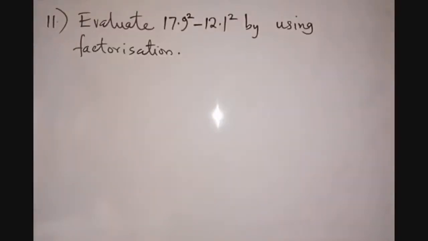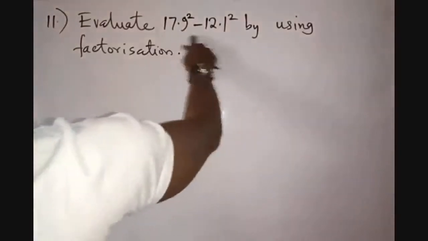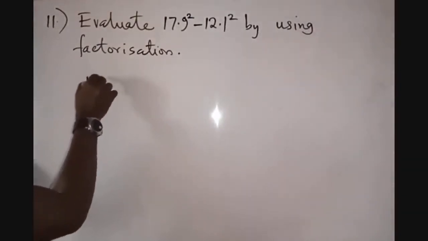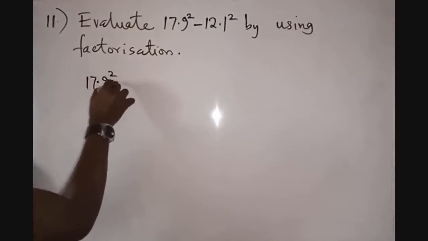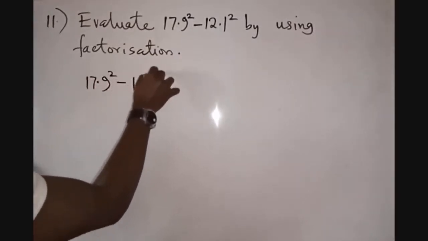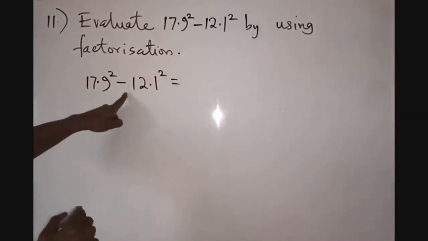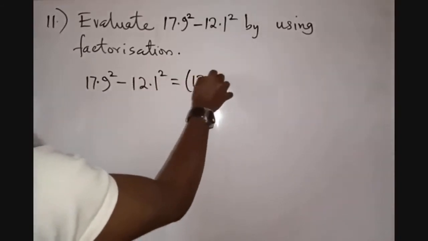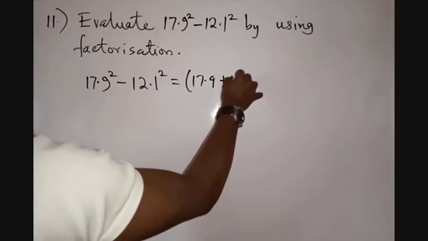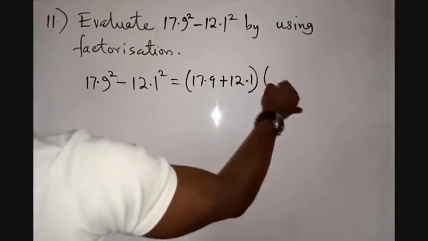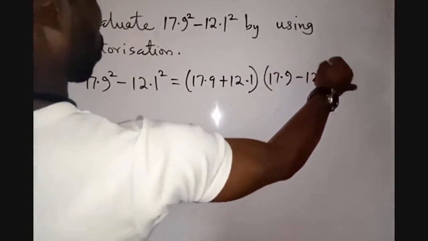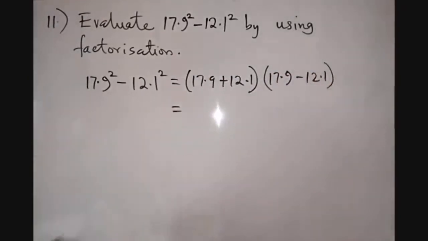We are to evaluate this by using factorization. You have 17.9 squared minus 12.1 squared. This is difference of two squares. And that will give you 17.9 plus 12.1. The other one will become 17.9 minus 12.1. All you need to do is to punch your calculator and get the values of those.